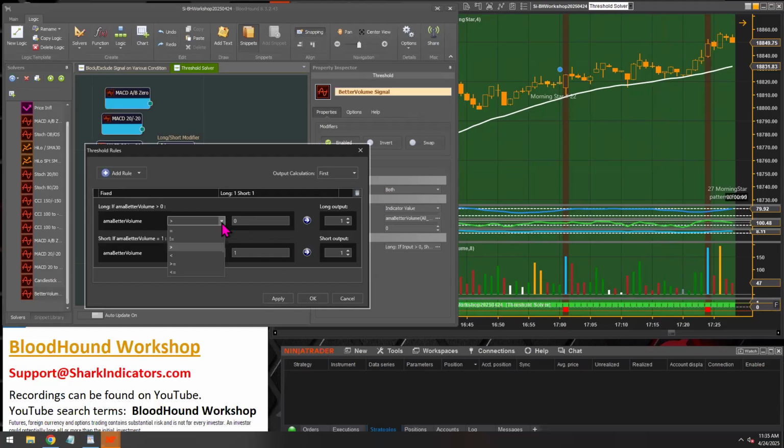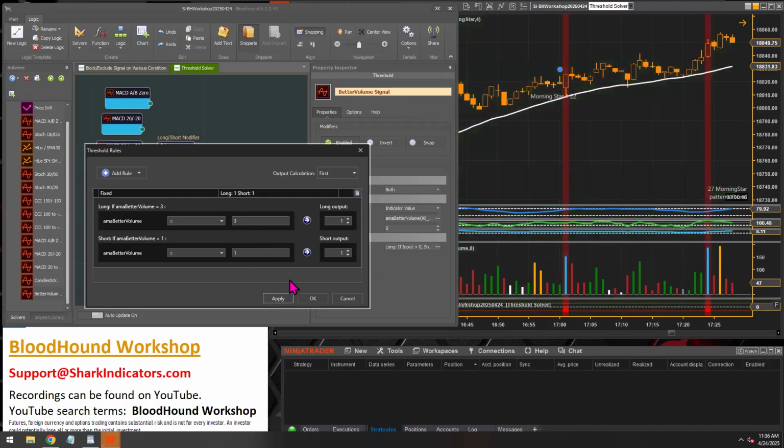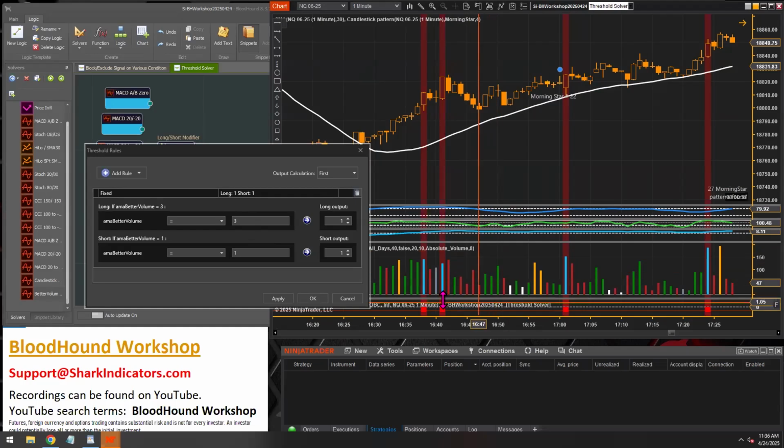So in this specific indicator, since each number identifies a certain color, you do need to put in that specific number that applies to each of those colors. Let's put in 3 and 1. Let's see what we get here. So again, that cyan volume bar is number 1. Let's see, what's number 3?